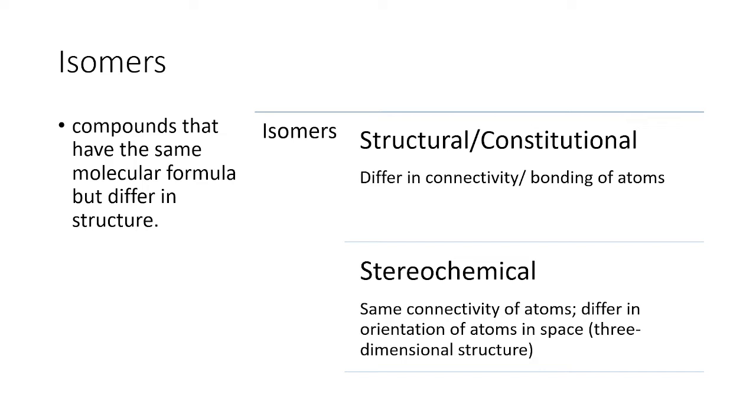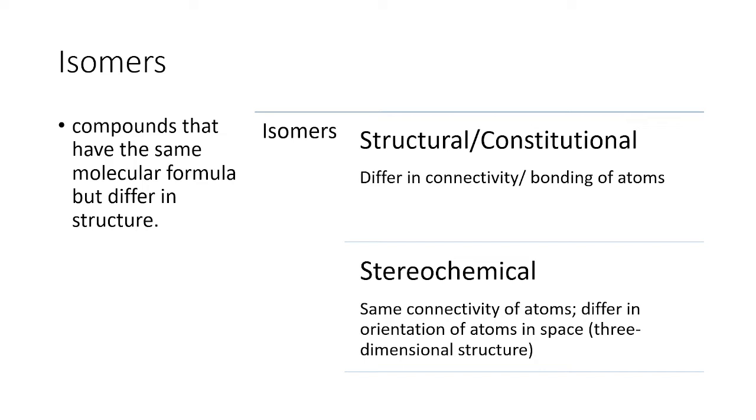We have the structural or constitutional isomers, which differ only in connectivity or bonding of atoms, and we have the stereochemical isomers, which are compounds with the same connectivity of atoms but differ in orientation of atoms in space. Stereochemical deals more with the three-dimensional structure of our compounds.